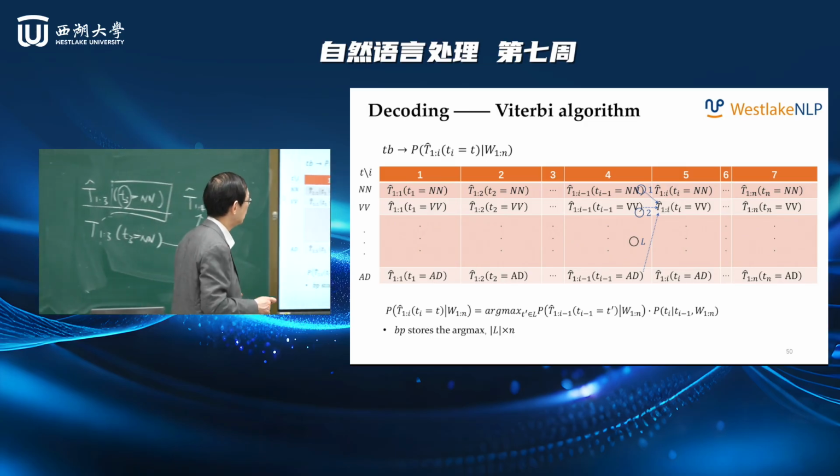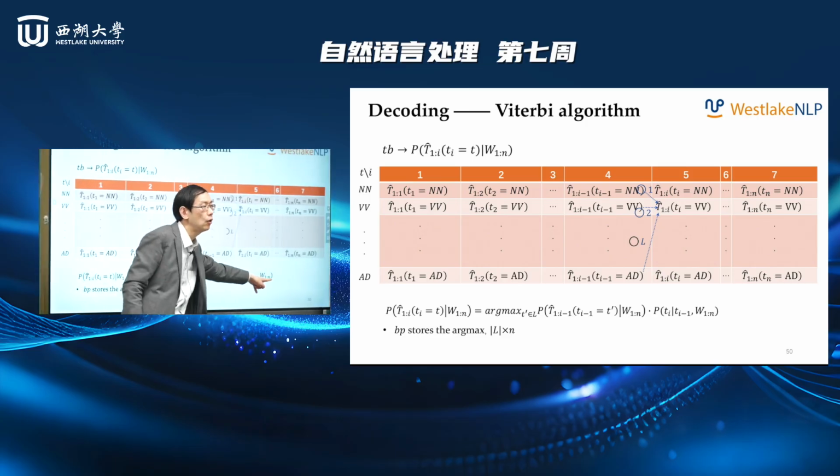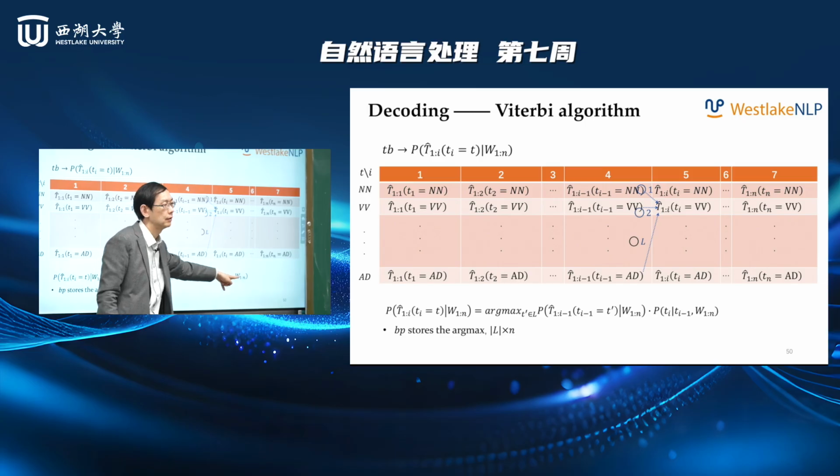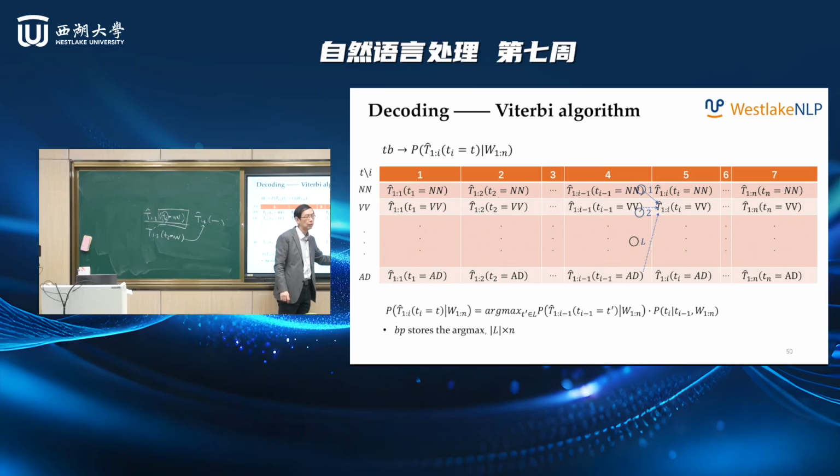In MEMM, this transition is a single log linear classifier, ti given ti minus 1 and w1 to n. So the structure of the two models is highly similar. It's only that the training is different: one by SGD, one just by statistics.